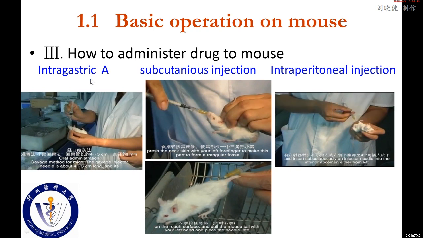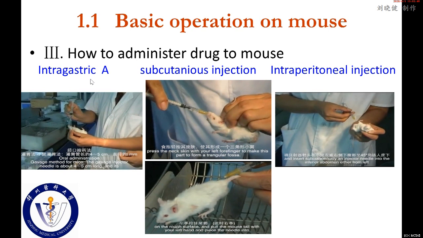Now, the administration routes for the mouse. It mainly includes intragastric administration, subcutaneous injection, intramuscular injection, and intraperitoneal injection. Because the mouse's body is very small, during your experiment, intramuscular injection is also very rare.